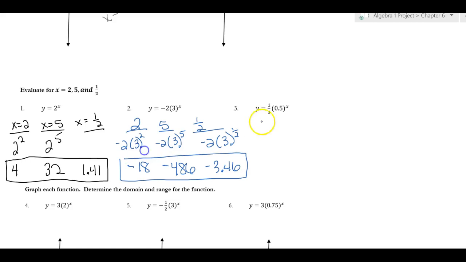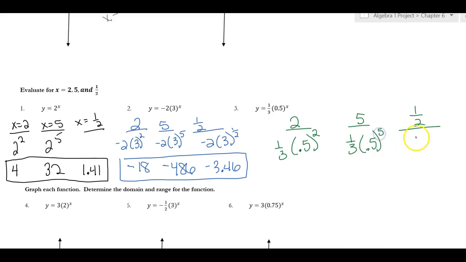Okay. I'd like you to try the third one on your own. Once you think you have it, go ahead and press play. Okay, so 1/3 times 0.5 to the 2nd, 1/3 times 0.5 to the 5th, 1/3 times 0.5 to the 1/2. So these are decay, and so from 2 to 5, it should get smaller.